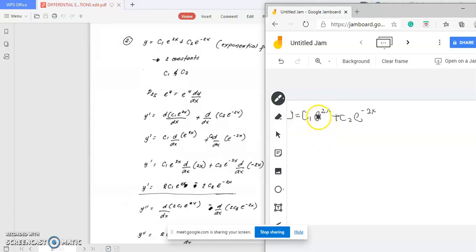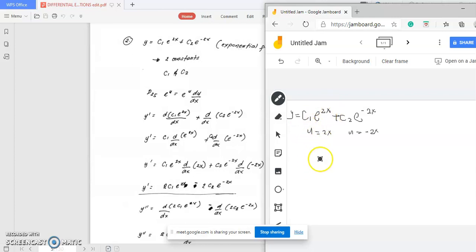But before we derive, be mindful that we have e raised to the power of u, and our u is 2x for the first term, and for the other one, u is negative 2x. I'm still discussing this one for others who have forgotten a bit after the long vacation from COVID. Hopefully you can still refresh your mind by this.